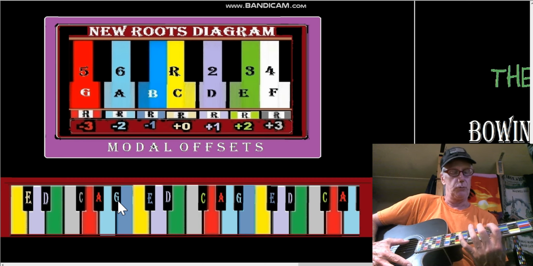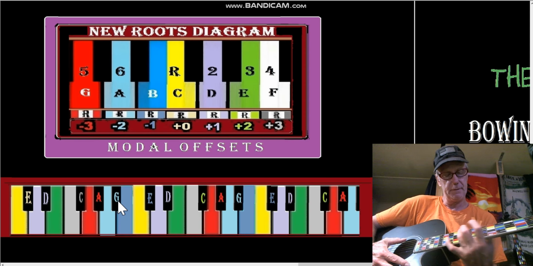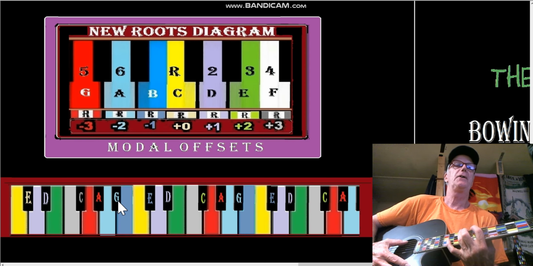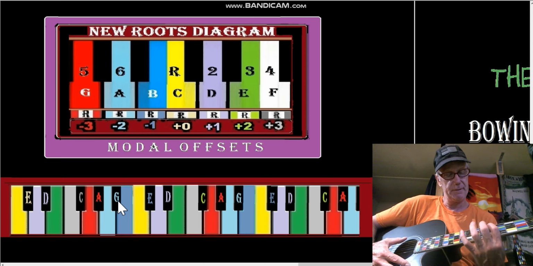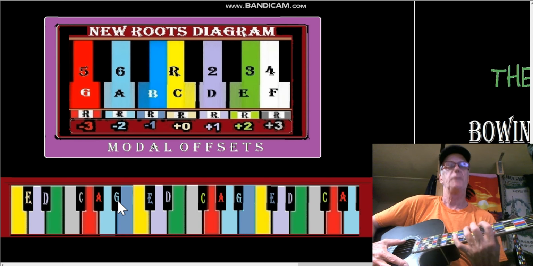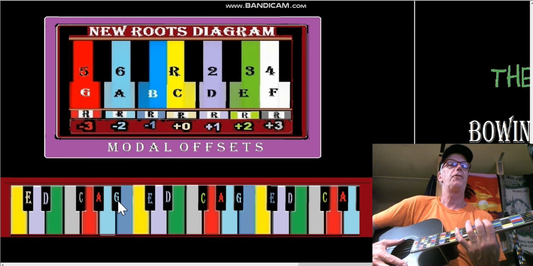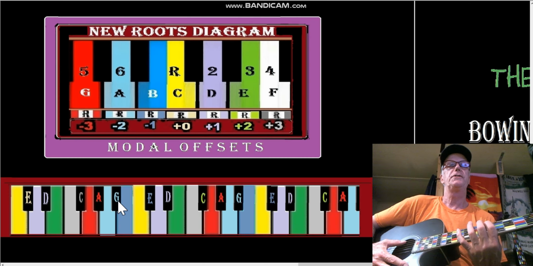The G as the root would be, the G as the 7th of A flat would be like this. It's like aliased with the 3rd. So if somebody plays like that, you don't know whether it's the 3rd or the 7th. You know, and once again, the G could be the 6th of B flat.